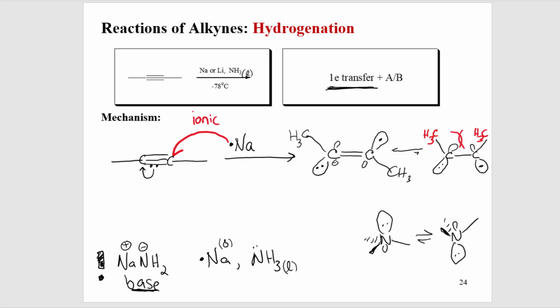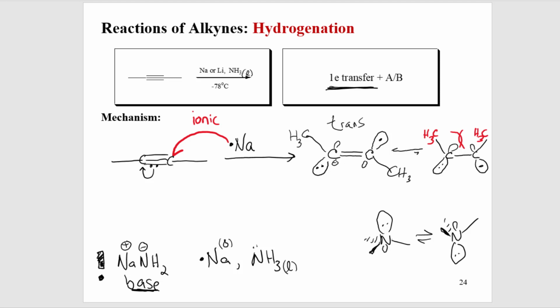So once this occurs, once the sodium donates its electron to the carbon and the carbon shifts its pi electrons into the next door carbon, you've created these 2 open orbitals, which allows it to find the preferred trans geometry to avoid steric hindrance.